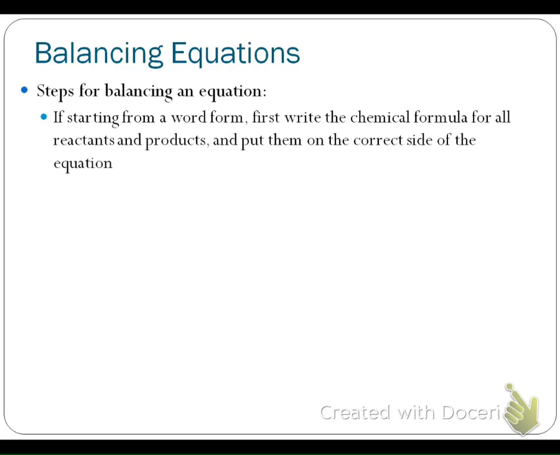So if I say magnesium chloride reacts with hydrogen, I then write down magnesium chloride, which is, what's the chemical formula for magnesium chloride? Magnesium chloride. So you've got to be able to translate those words into chemical formulas.